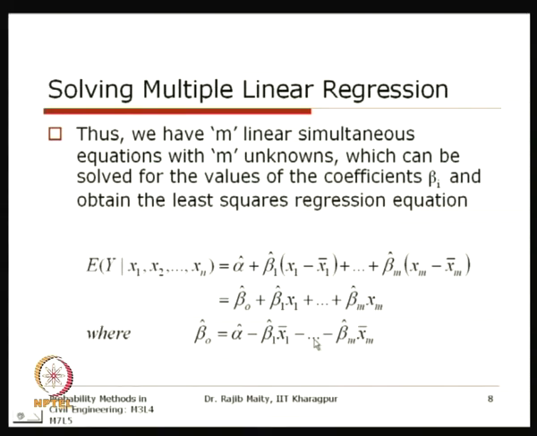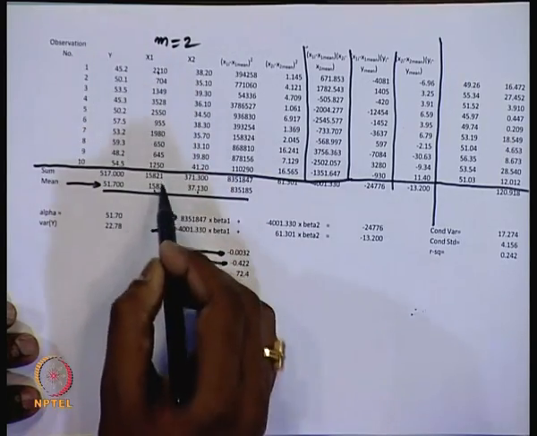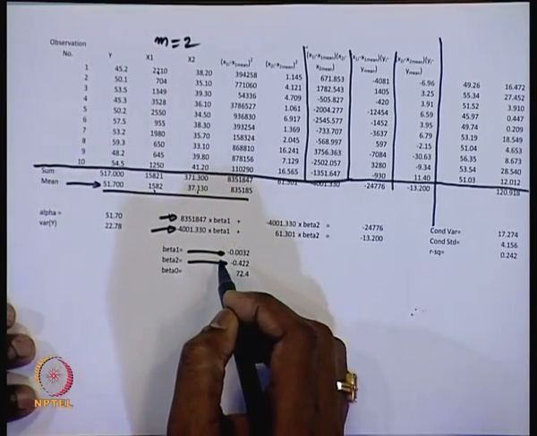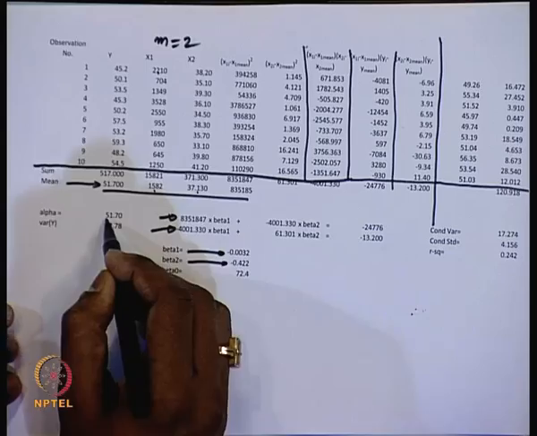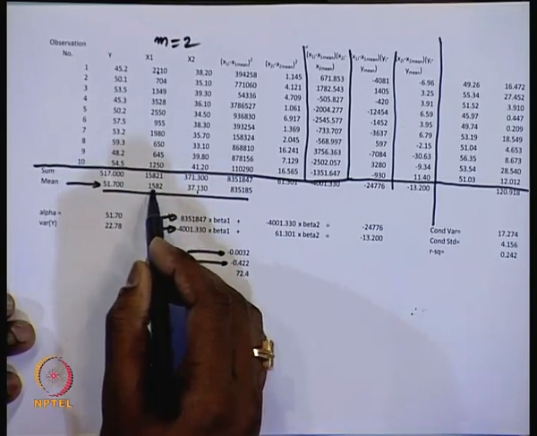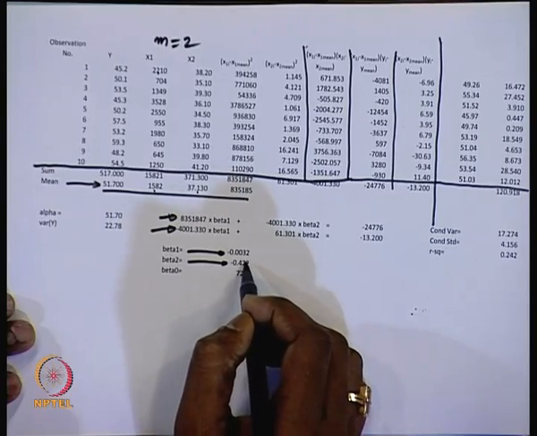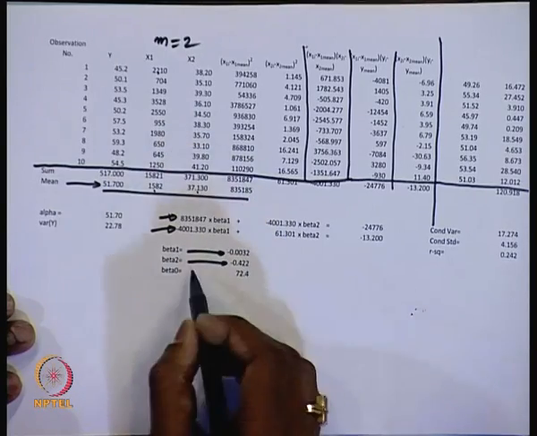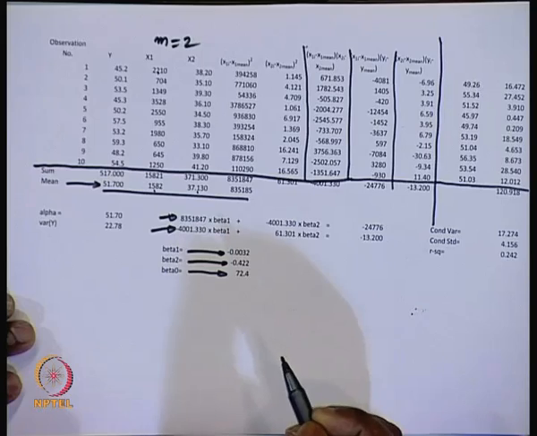So if you use that, alpha minus beta 1 estimate multiplied by the mean of x1 minus beta 2 estimate into x2 bar, then we will get beta naught.